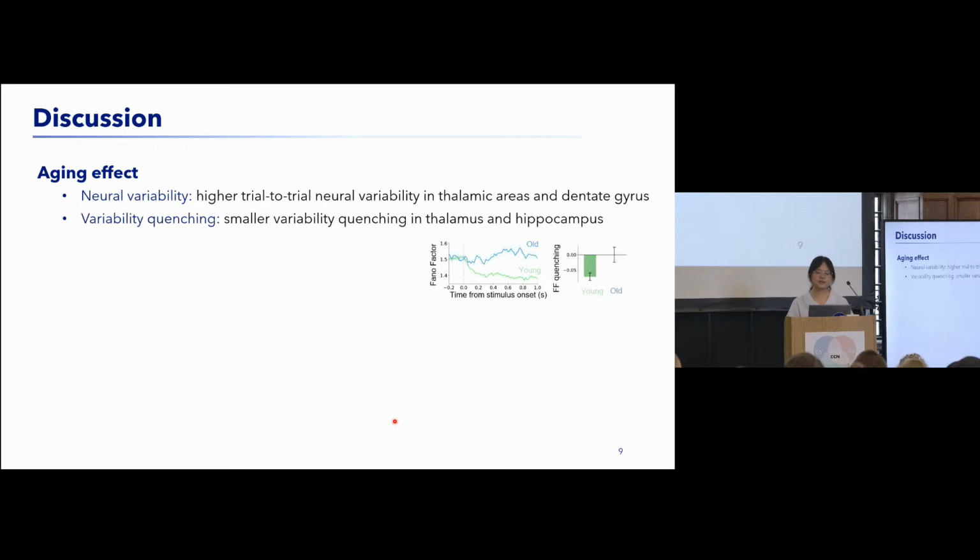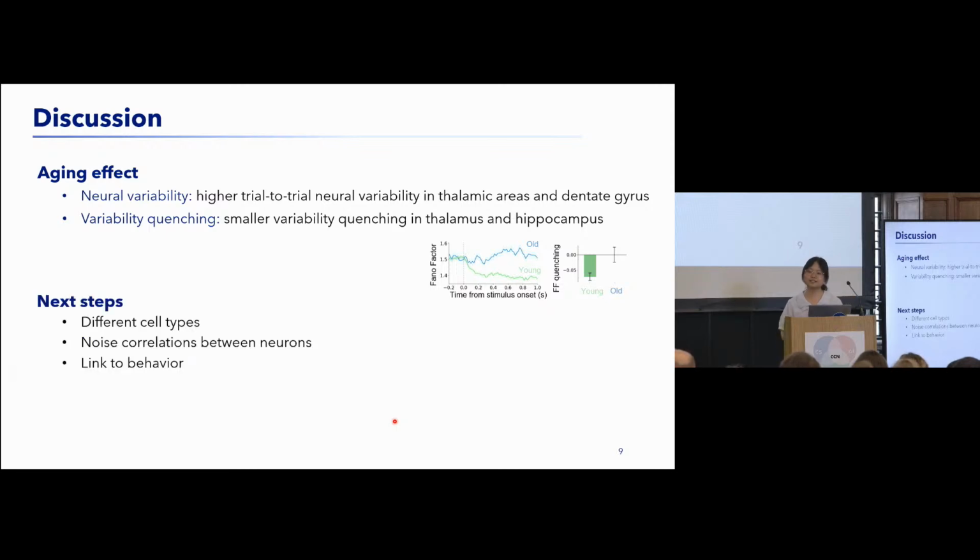As for variability quenching, we found the old animals showed smaller variability quenching in thalamus and hippocampus. And we have to mention the aging effects are not entirely consistent across different brain regions we have examined.